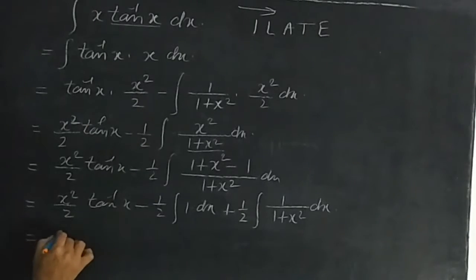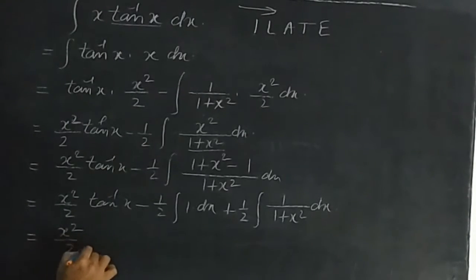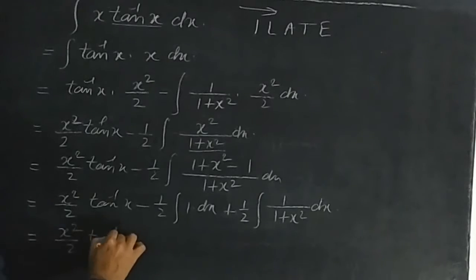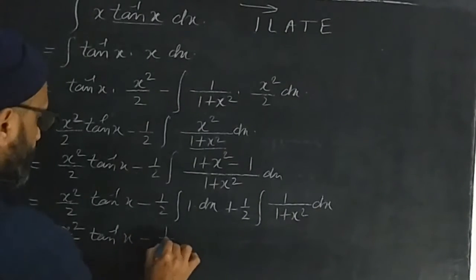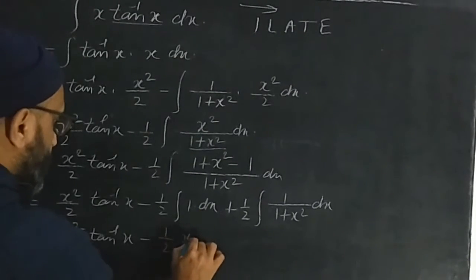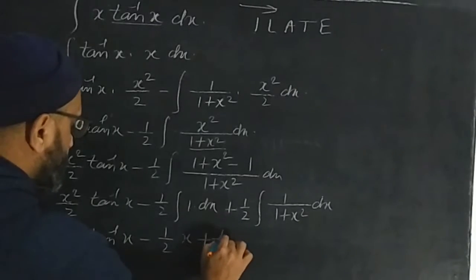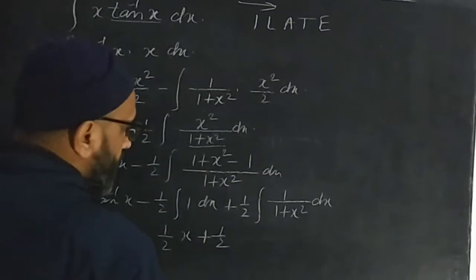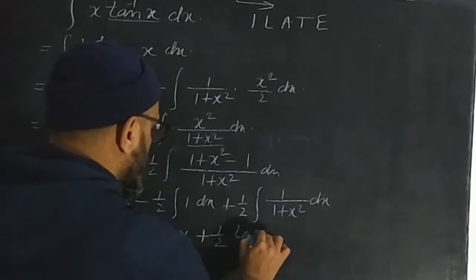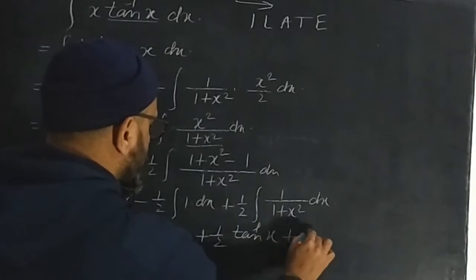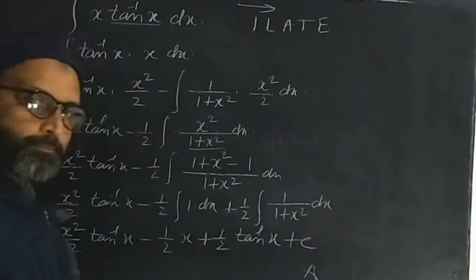So one more step: x square upon 2 tan inverse x minus half integral of 1, which is x, plus half integral of 1 upon 1 plus x square, which is tan inverse x, plus c, and that's it.